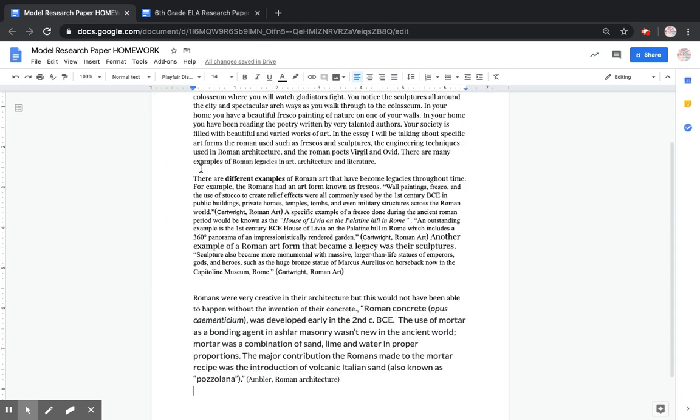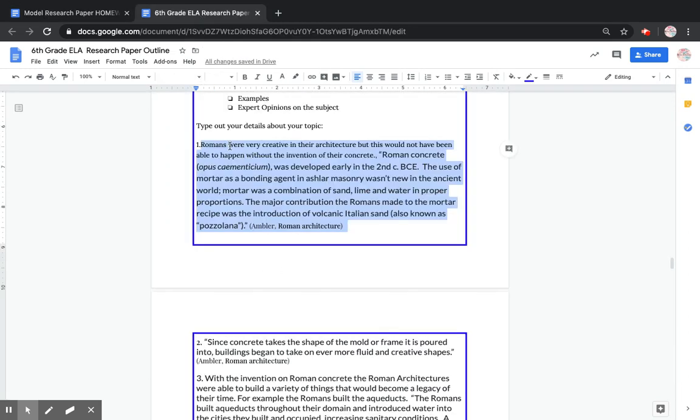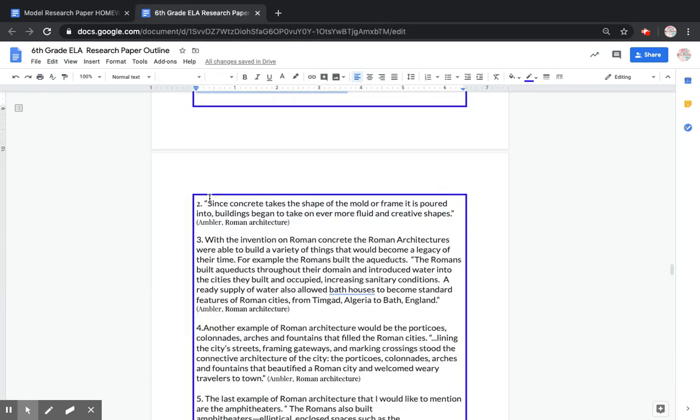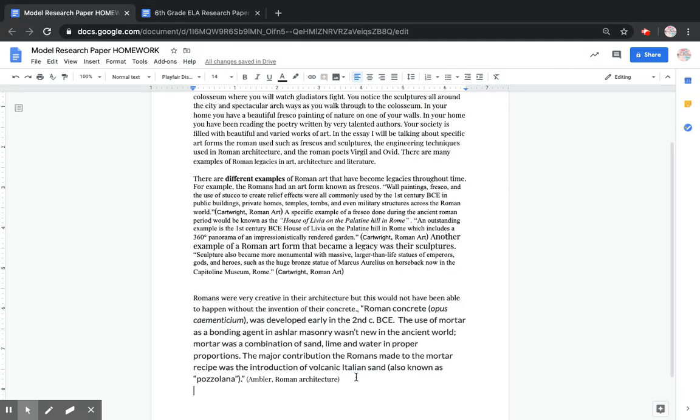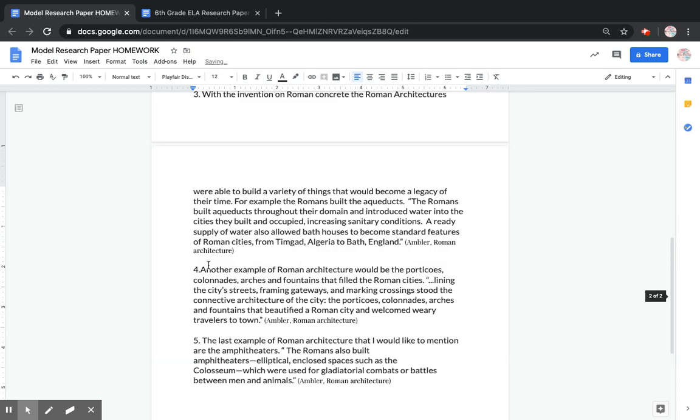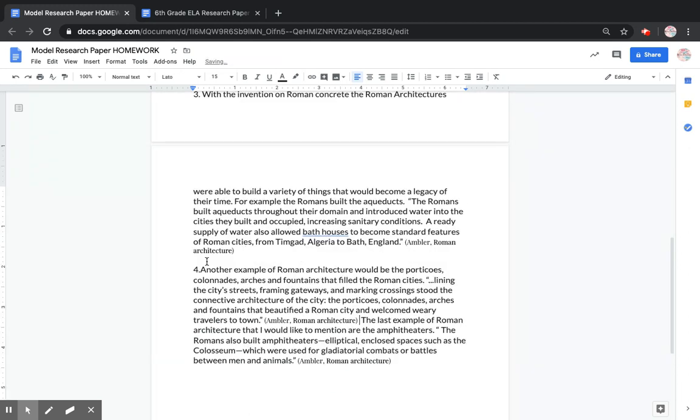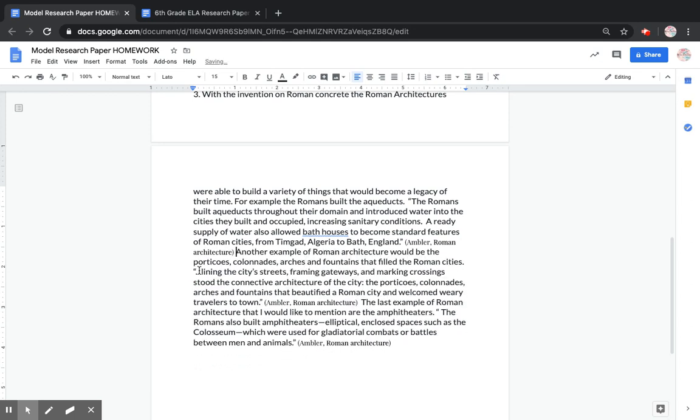Now remember, I did not put my concluding sentence, so I'll still have to go back and write my concluding sentence for my paragraphs, but that's okay. I'm going to just put that there. Now I have these numbers here, but I'm going to erase them because I already put in those sentences in between that talk about it before the quote. You don't just want a paper full of quotes.